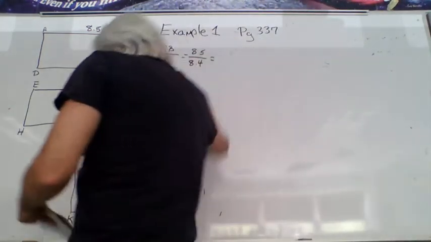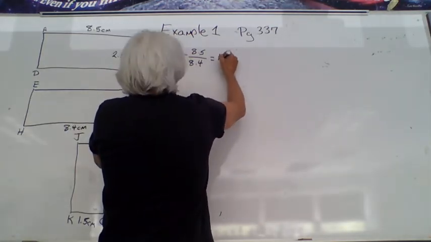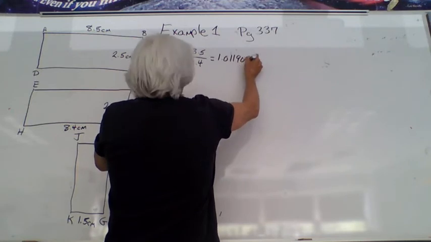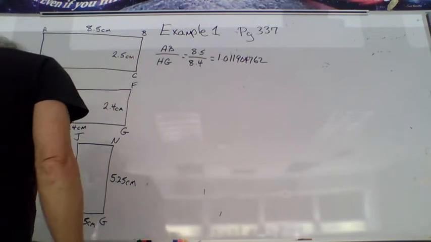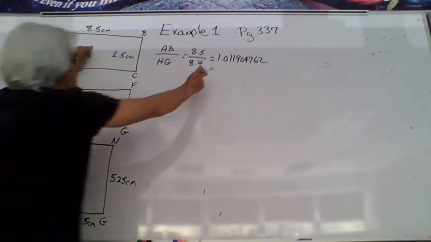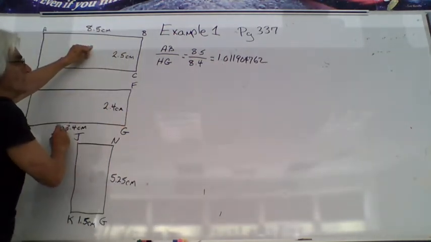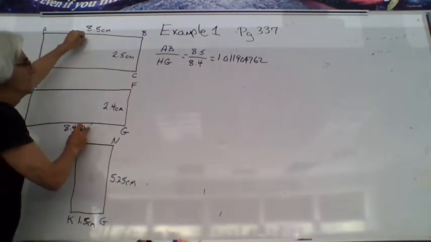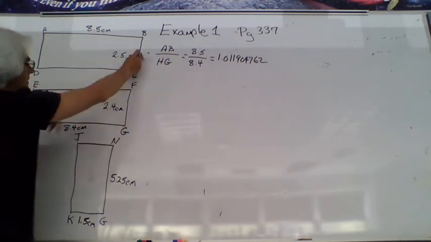I took 8.5 divided by 8.4, and what I got was 1.011904762. So if I was to take the smaller 8.4 and multiply it by 1.011 and so on, I would get back 8.5. So that better be the same between these two corresponding sides.